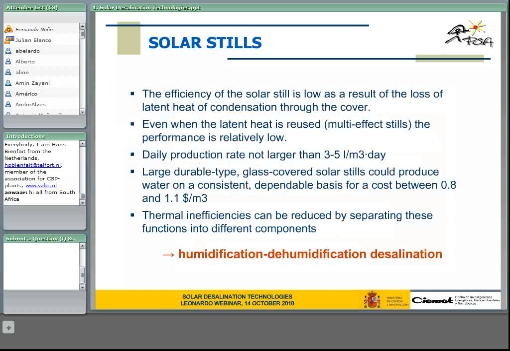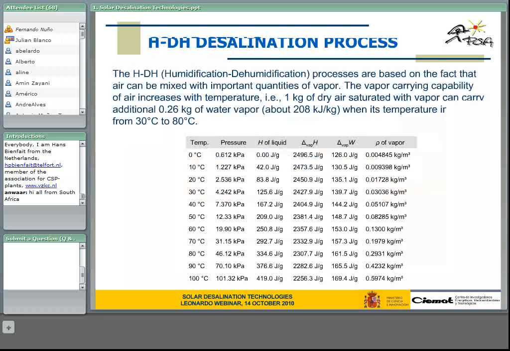The thermal inefficiency of this system can be reduced if we separate the functions in different units. This is why we move to another technique, dehumidification desalination. Here we basically profit from the capacity of air to carry water, depending on the temperature.